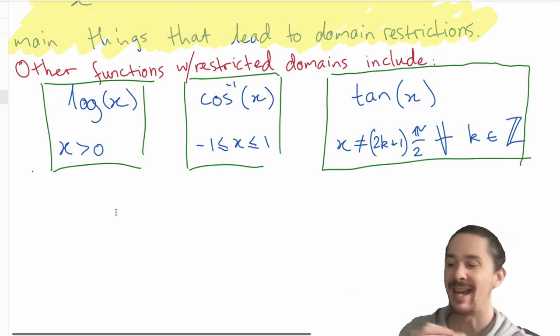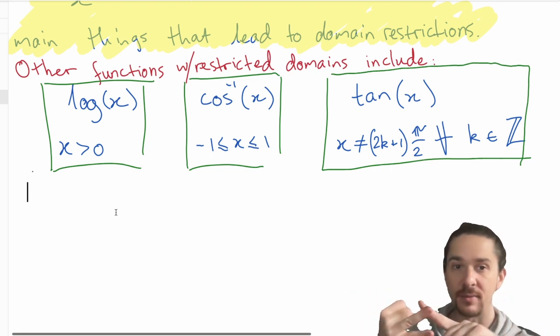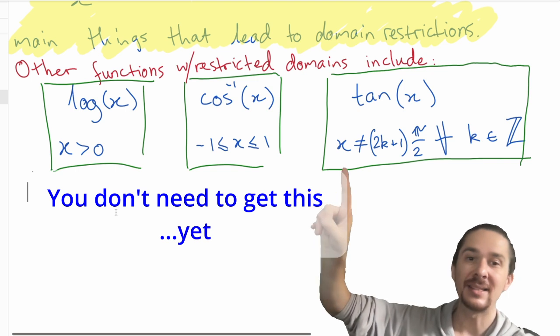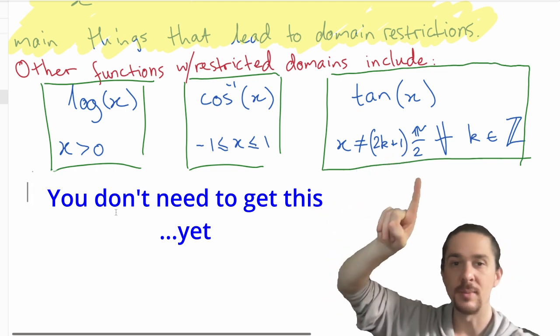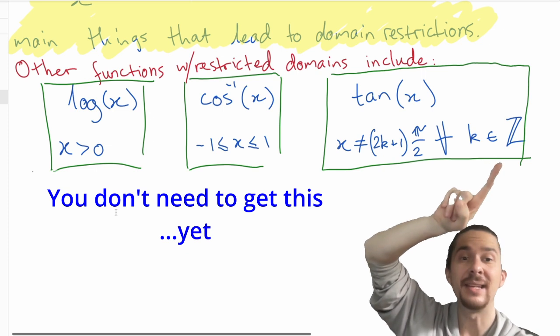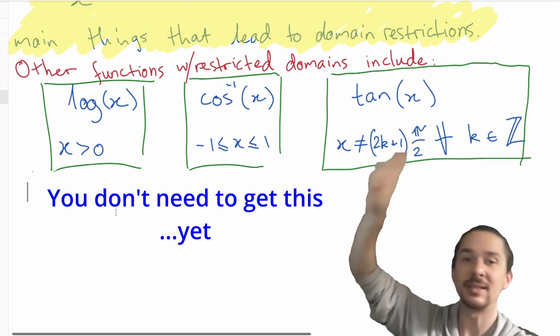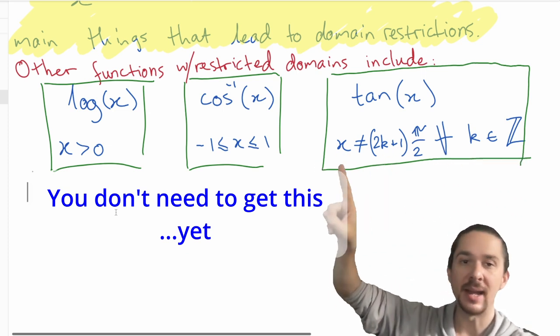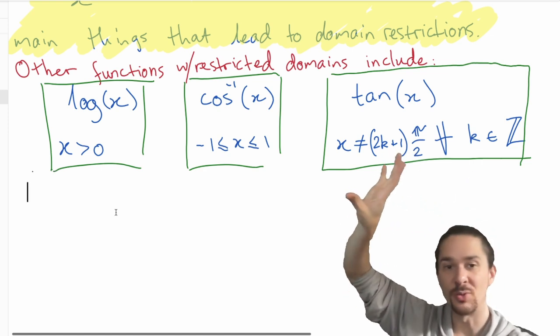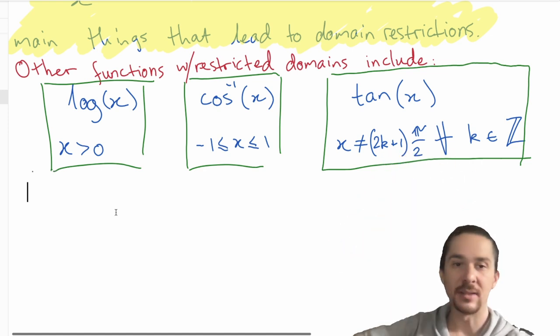In this case, x cannot be half pi, 3 halves pi, 5 halves pi, 7 halves pi, any odd number of halves of pi. And this is using what is called set notation. X cannot equal 2k plus 1 times half pi. This means for any k, which is in the set of the integers. This Z symbol means the integers. So what this is saying is, for no whole number k, can x be equal to 2k plus 1 times pi on 2. That's where the domain is restricted. All other x values will work.